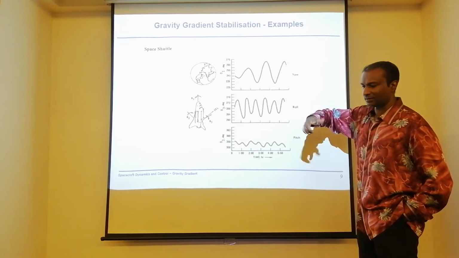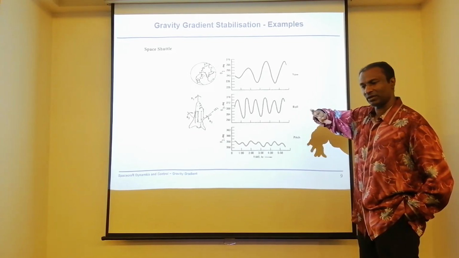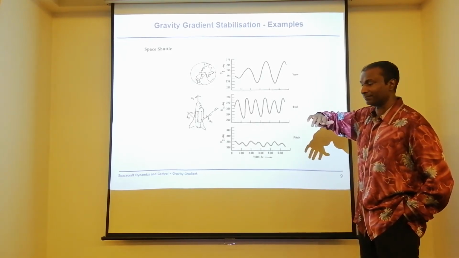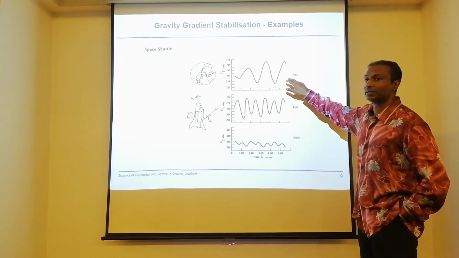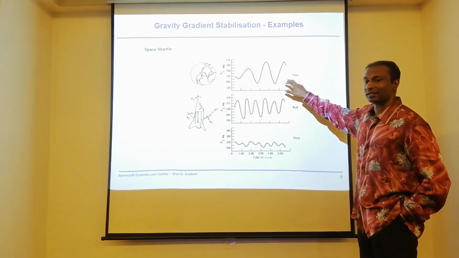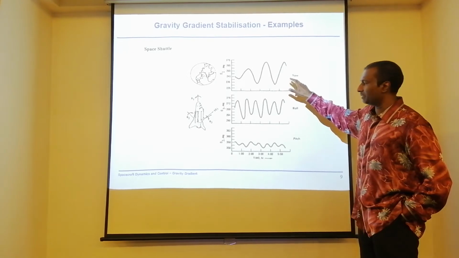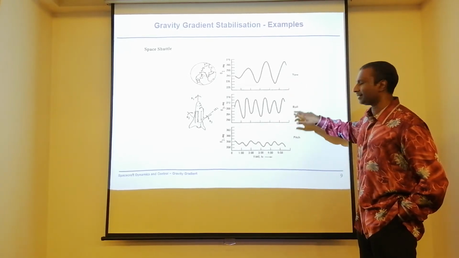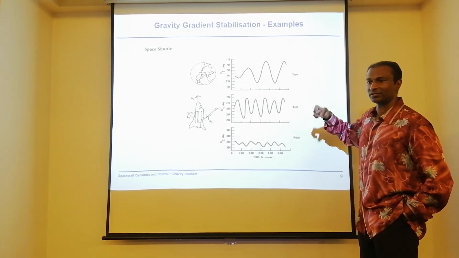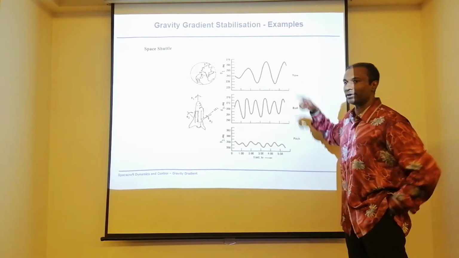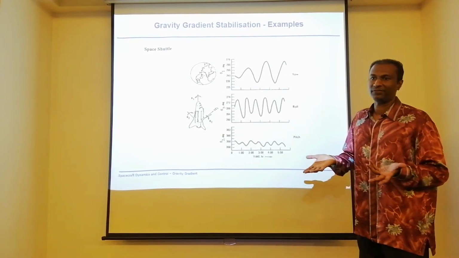Yaw starts out not too bad, but as we know, at the yaw axis there is no direct influence. Because the pitch and the roll are being affected by the gravitational pull, the yaw is eventually also affected. Why?